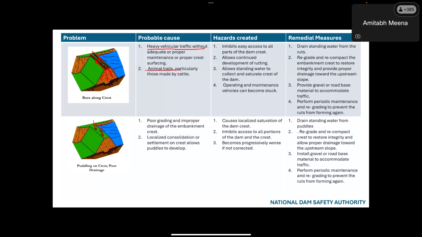But if they remain for a long time, the water stagnates there, and this impoundment may cause regular seepage from this portion, and maybe some material from the dam body may wash out also, which may ultimately lead to some piping also.